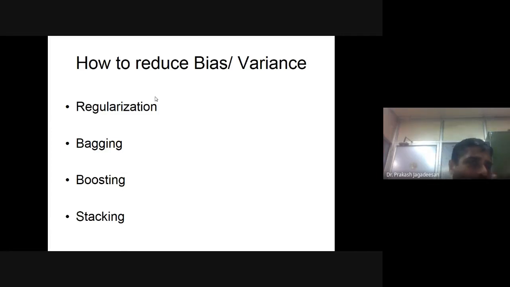For that, three different concepts have been proposed in the machine learning literature: bagging, boosting, and stacking. I'm not going to explain them in detail, but it's very intuitive. Through some block diagrams, I will try to explain the concept of bagging, boosting, and stacking, and thereby one can reduce this bias and variance.